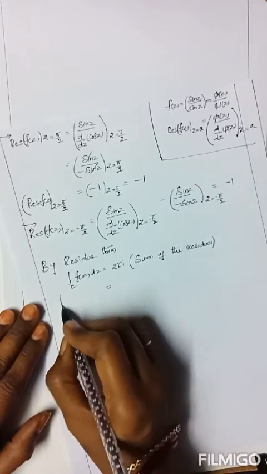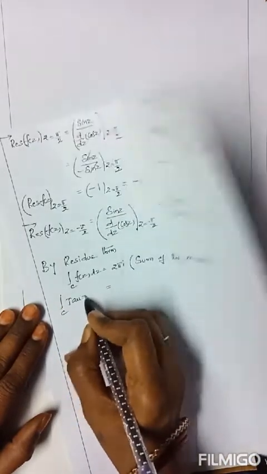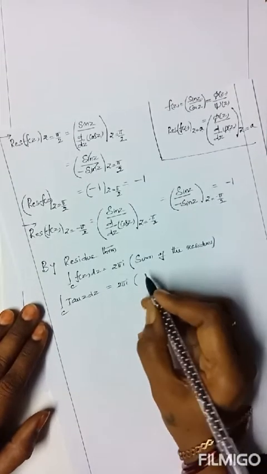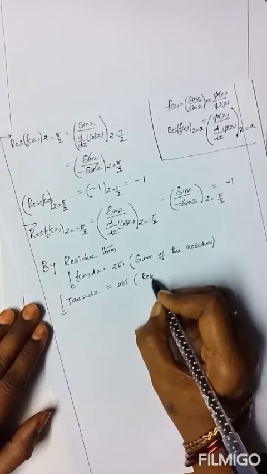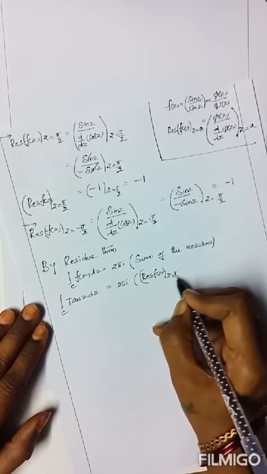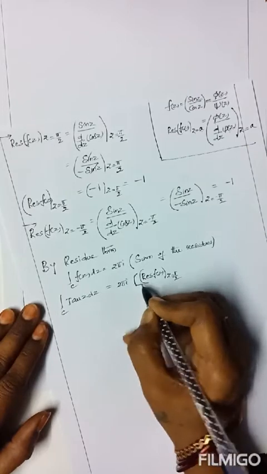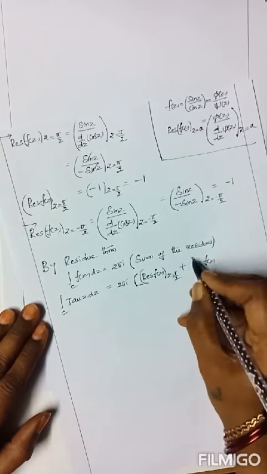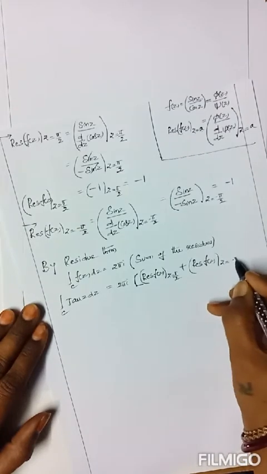Here the integral over c is of tan z dz, equal to 2 pi i times the residue of f of z at the first point z equal to pi by 2 plus the residue of f of z at the second point z equal to minus pi by 2.